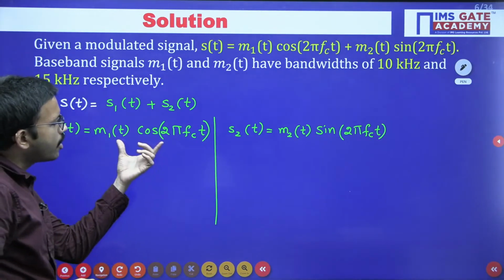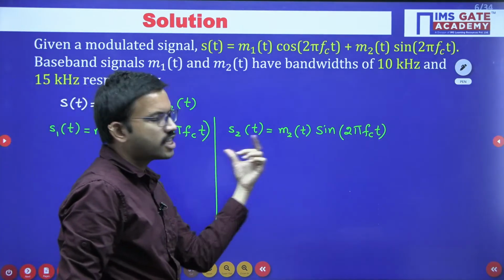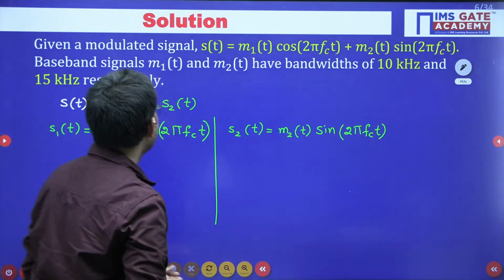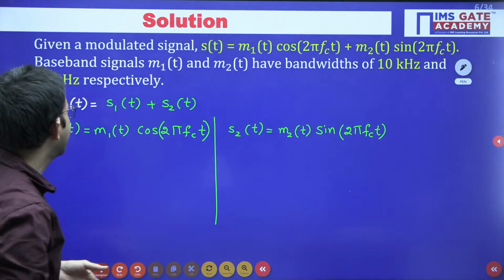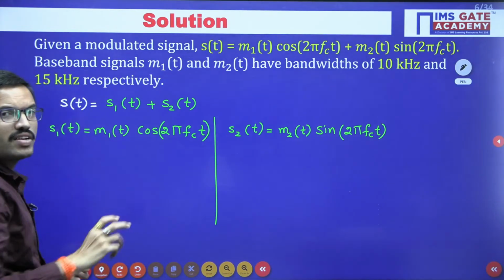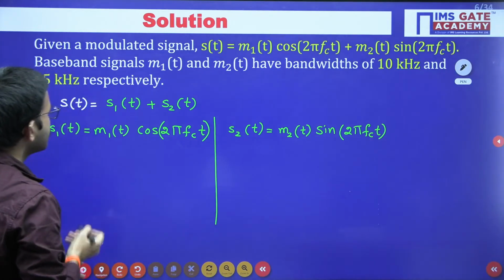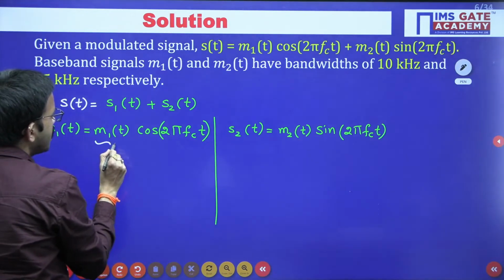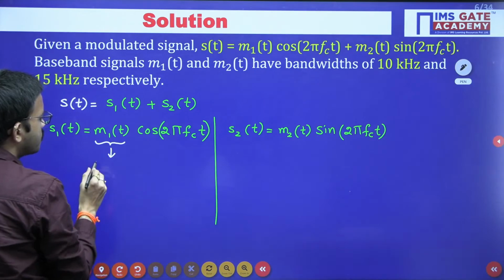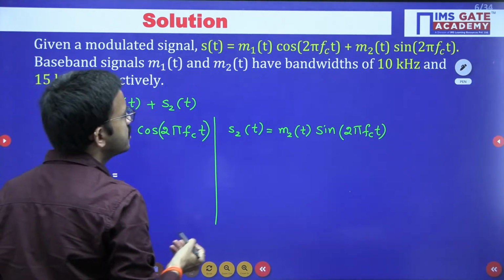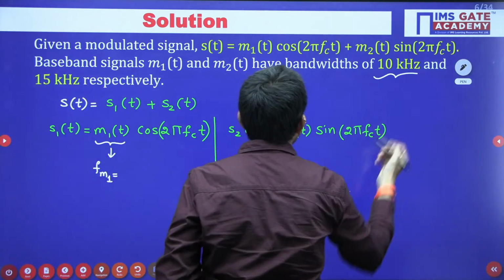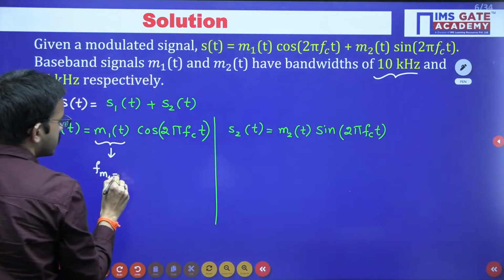Now, when you observe the individual terms, those are nothing but individual DSBSC signals, right? Regarding DSBSC, we already mentioned that a DSBSC signal will have two frequencies. Here, regarding m1 of t, the corresponding frequency fm1 is 10 kHz.